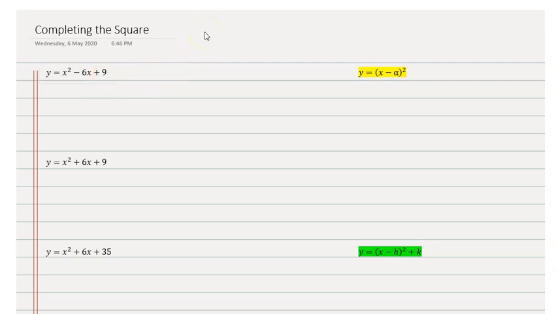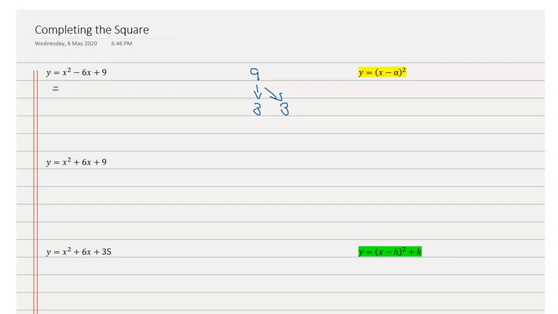So the way I would approach this one, assuming that there are going to be integer answers and real roots to the equation, I would say, what are the factors of 9? In this case, 9 is going to be 3 and 3. So if 9 has factors of 3 and 3, how can I make them add together to give a value of negative 6?